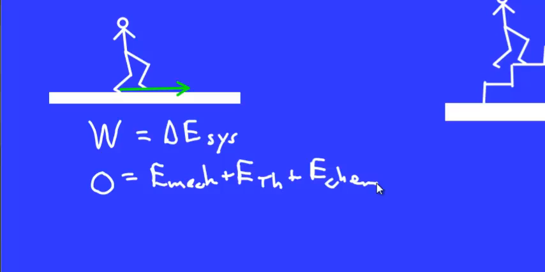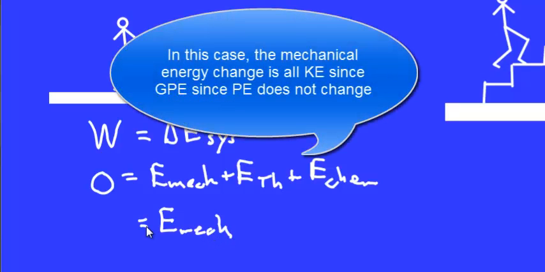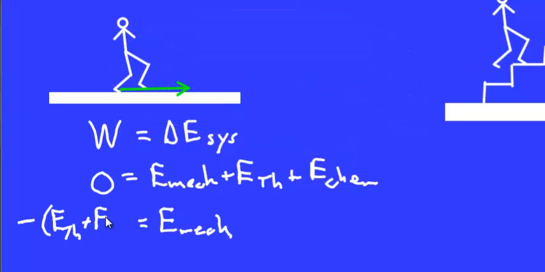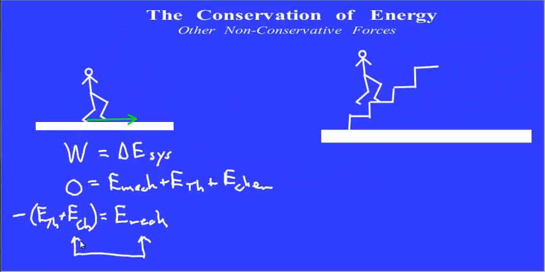Okay, and so what we get is that the mechanical energy, the kinetic energy change of the person, is going to be equal to the negative of the thermal and chemical potential changes, right? This is an example of the chemical energy in your body going to move your body. Okay, it's chemical energy being converted to kinetic energy.